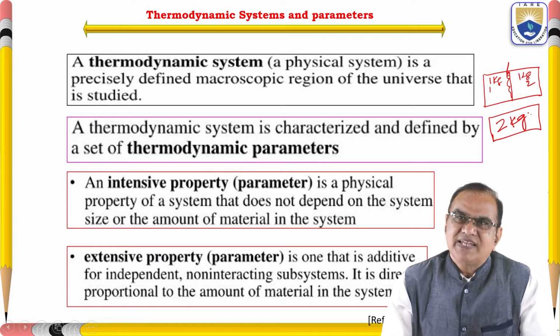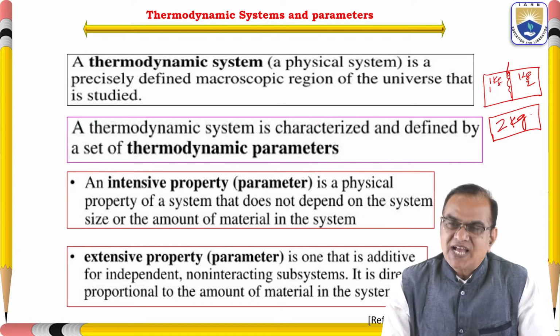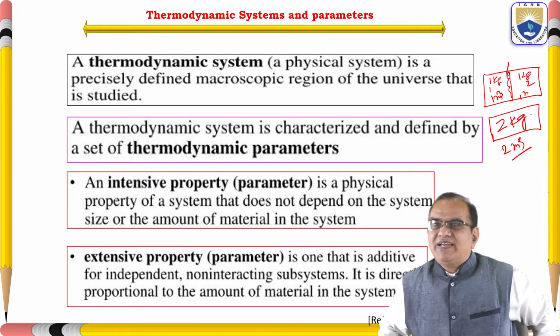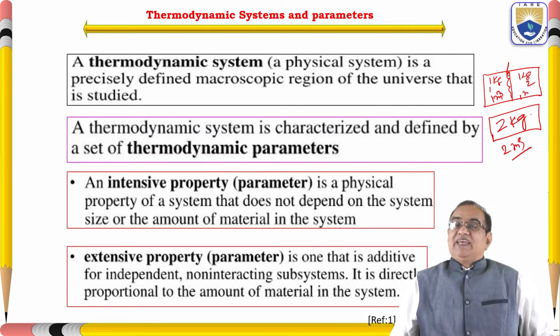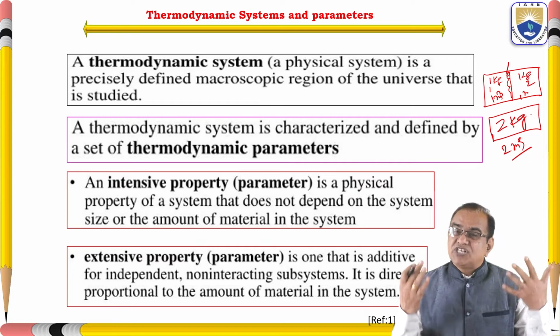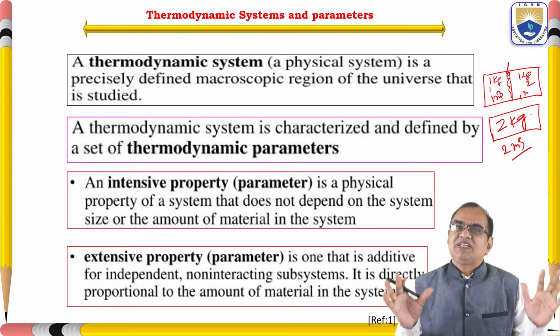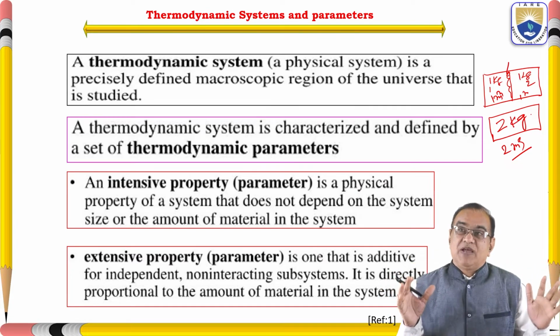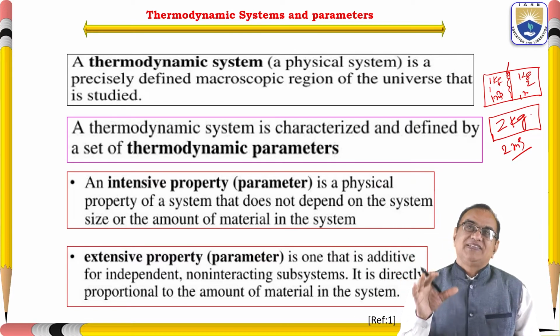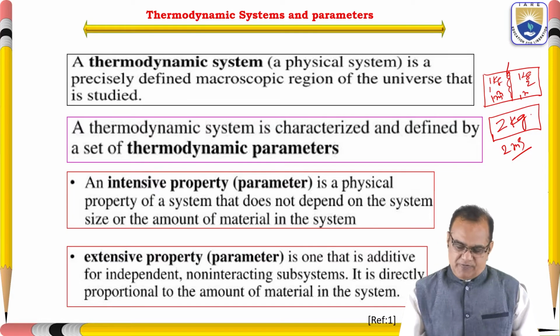So mass is not an intensive property. Volume is also not. If it is 1 meter cube here and 1 meter cube here, and you remove this, there will be 2 meter cube. So volume is an extensive property. Mass is an extensive property. Pressure and temperature are intensive properties. But if you take the specific value per unit mass, then it becomes an intensive property.